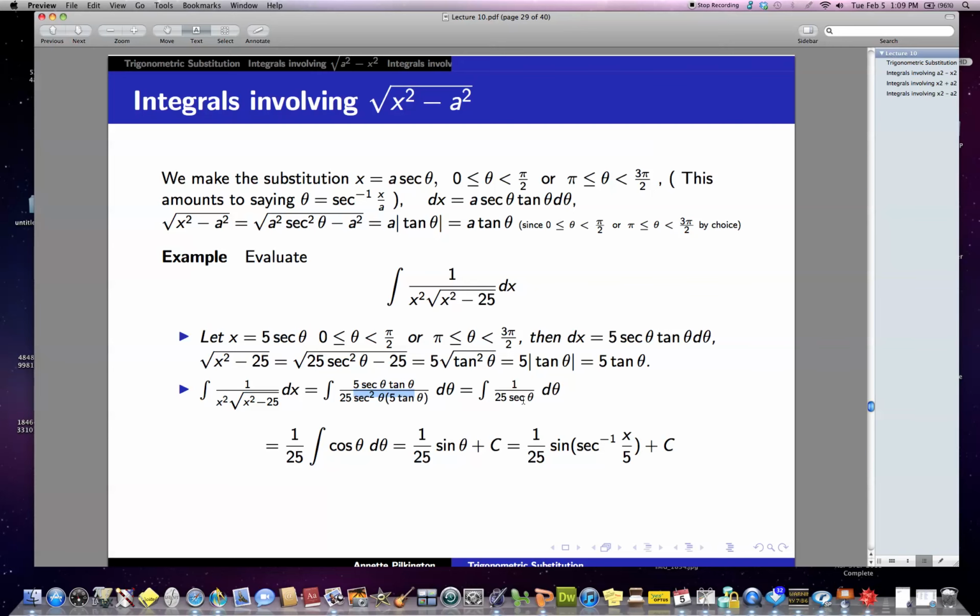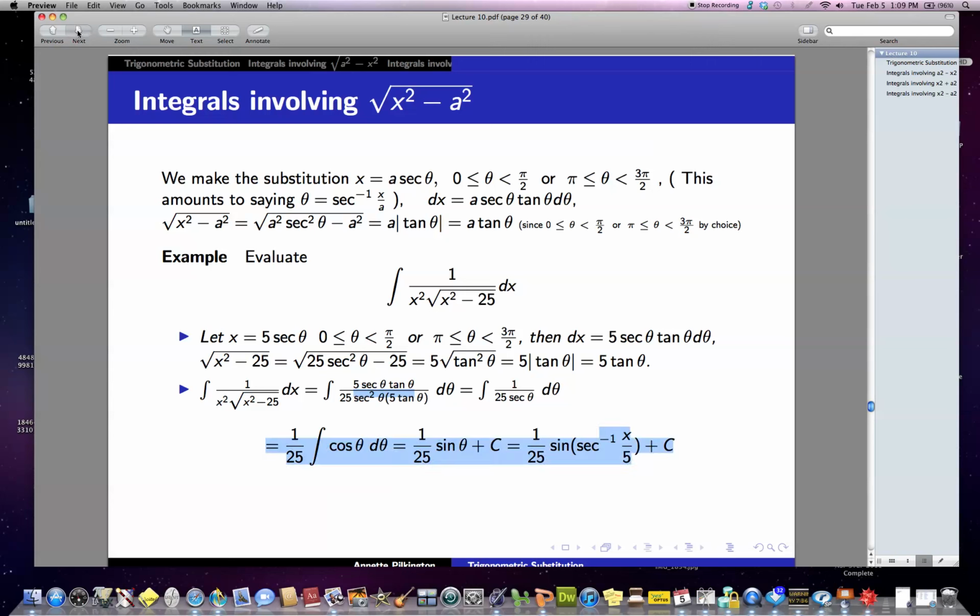That looks a little scary, but remember, secant is just 1 over cosine, so I turn that 1 over cosine upside down, and I end up at 1 over 25 the integral of cosine of theta d theta, which is really a trivial integral. So I get 1 over 25 sine theta, but remember that theta is secant inverse x over 5.